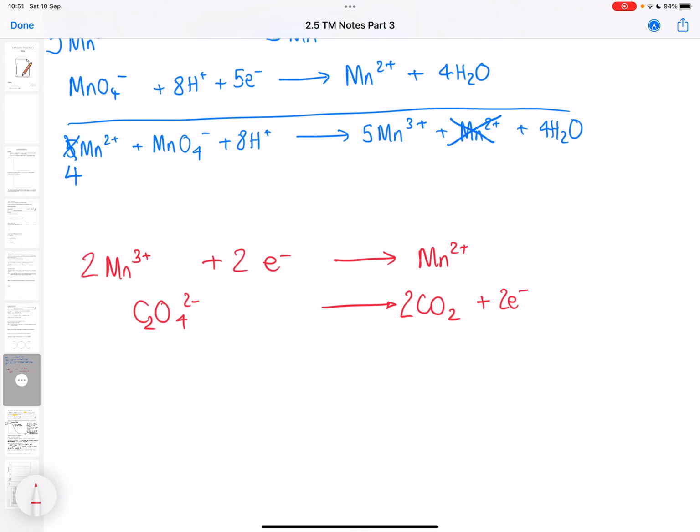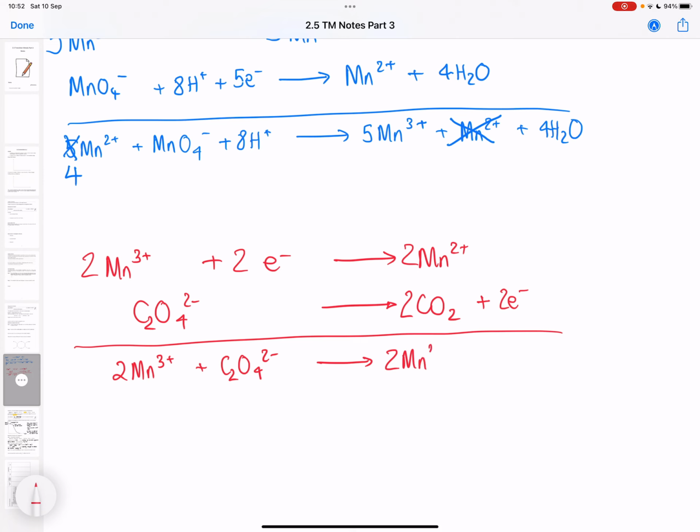To combine, I'm going to double up the manganese equation and say 2Mn3+ react with ethane dioate ions to make 2Mn2+ and 2CO2. This is what's happening in our next stage of the reaction. And again, two oppositely charged ions are going to attract one another. This stage is also going to be faster.